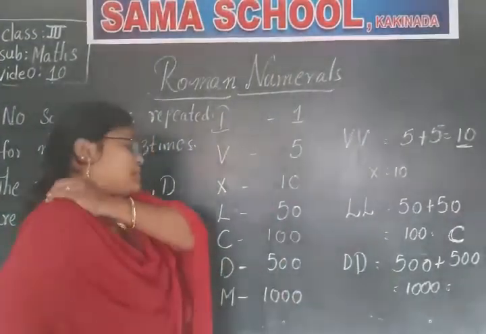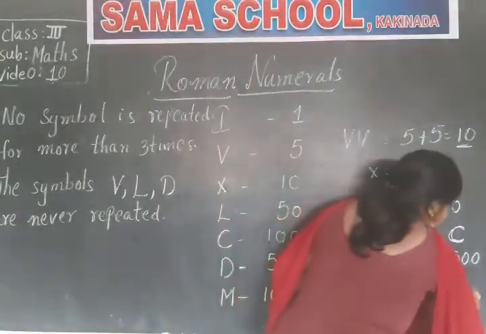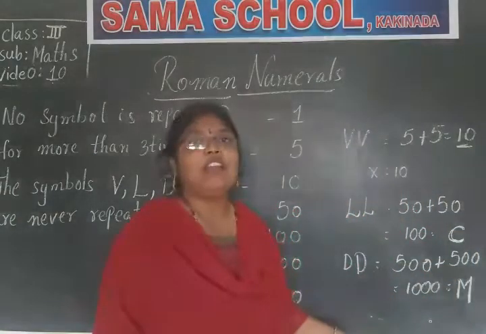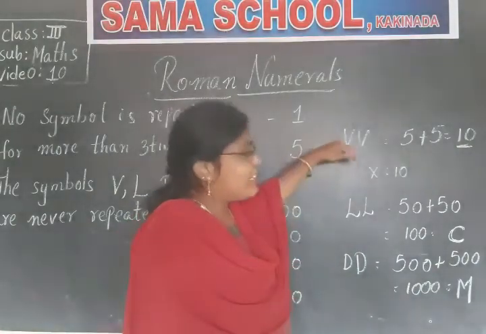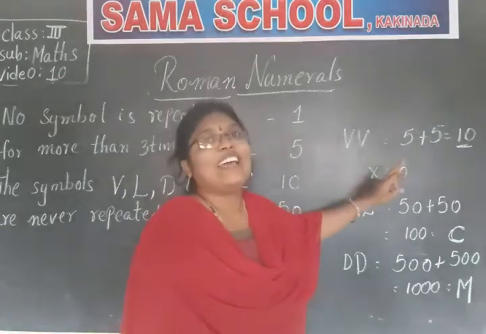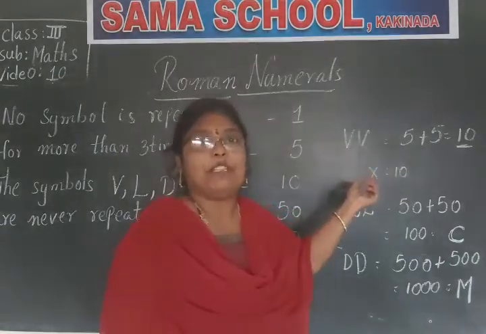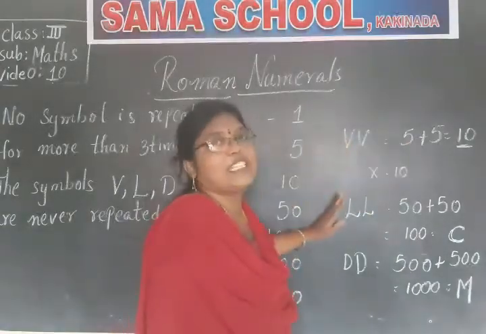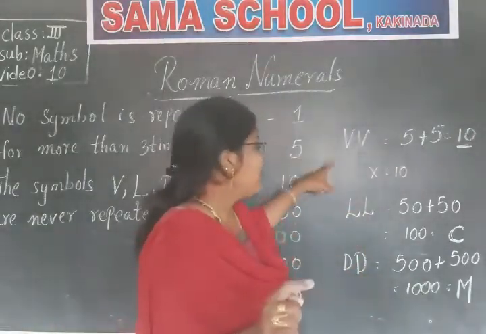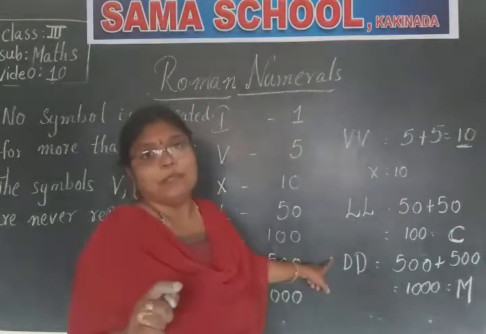What is the special symbol for 1000? That is M. If we repeat these symbols, we will get a number which has a special symbol. So these three symbols are never repeated. We should not repeat these three symbols.